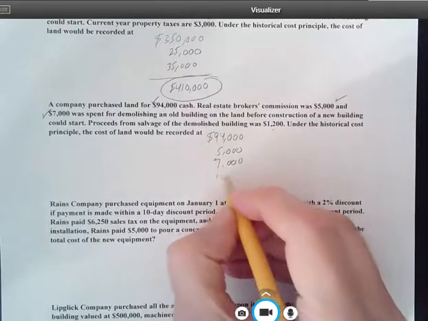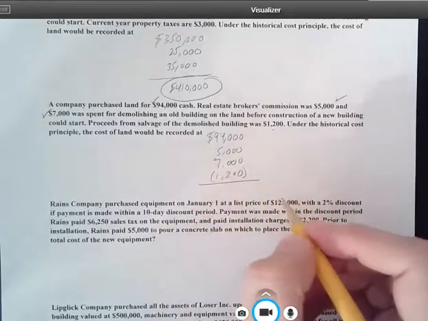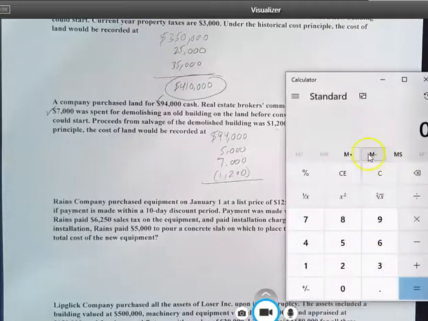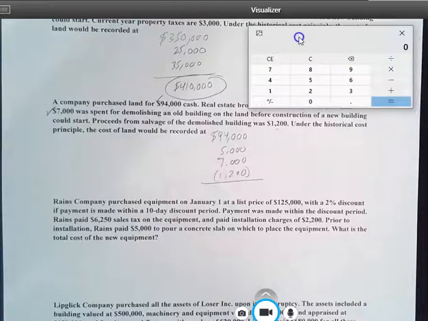And we are going to include that, but it's going to be as a subtraction. That's money that we got back. Let's just say this old building that we demolished for $7,000, there was a whole bunch of copper tubing in there that they used for plumbing, and we were able to sell that. Well, when that happens, we have to subtract that.